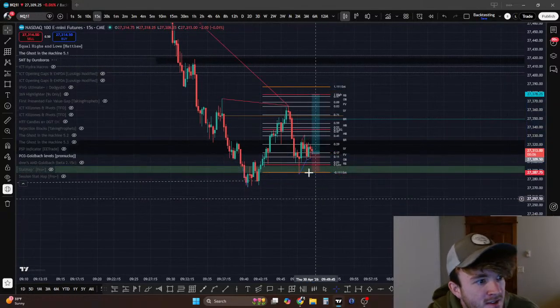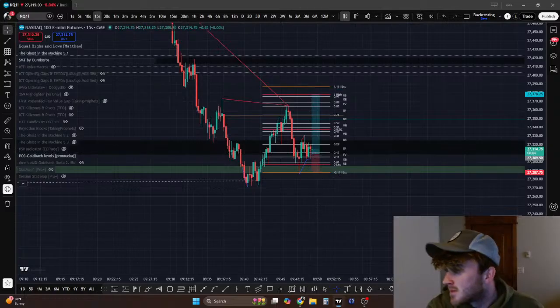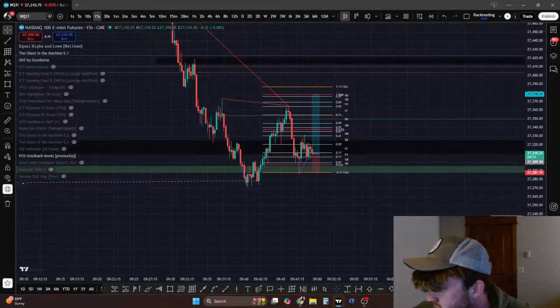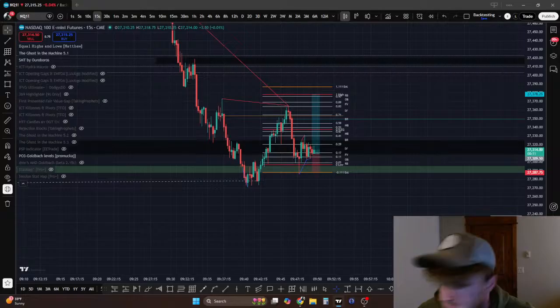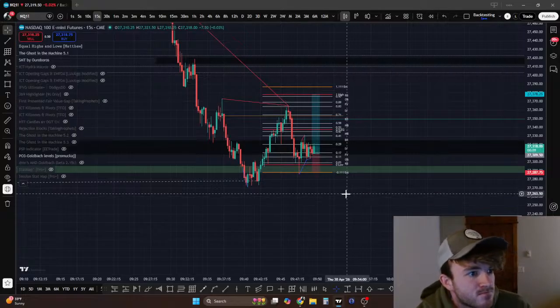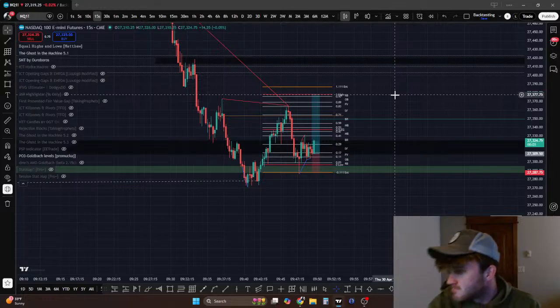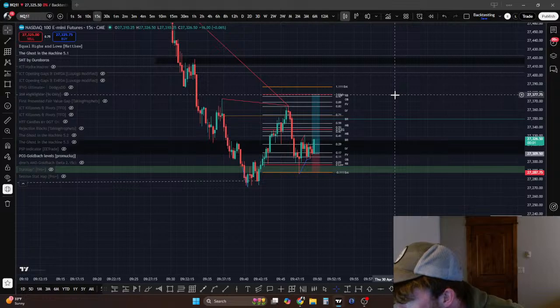I'll try this on the sim. Once again, it's probably gonna lose, but if it does, then I will take a trade on the other account.